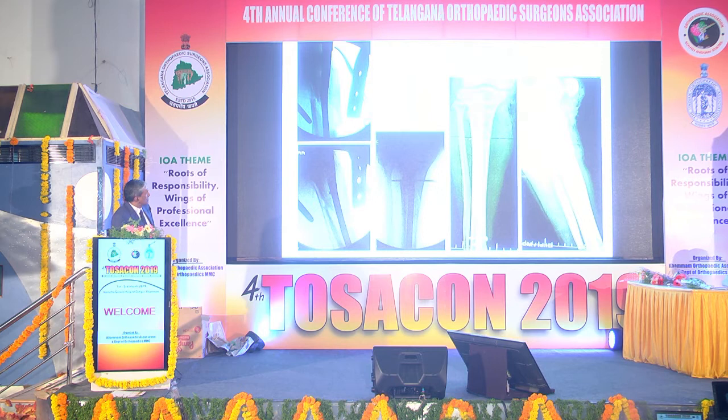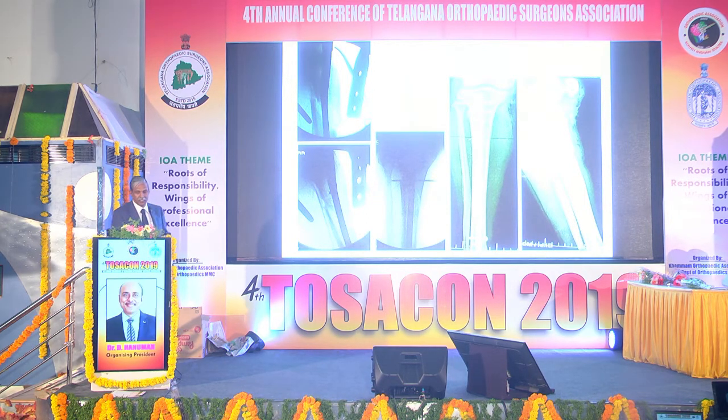So this is the distance, and I put the polar K-wire here from the posterior aspect with the same distance. And then the proximal segment is pulled posteriorly, and you will get a beautiful reduction without any anterior translation and deformity.